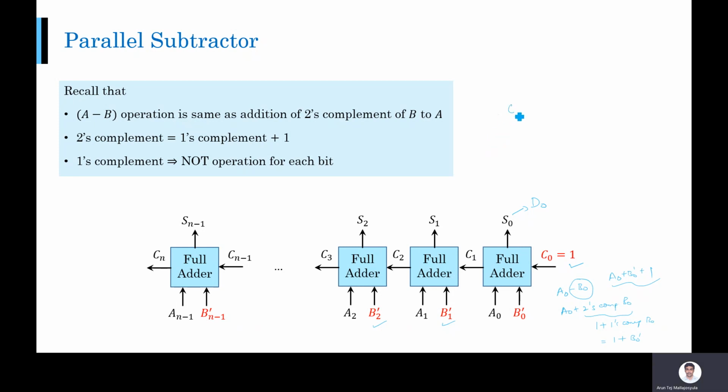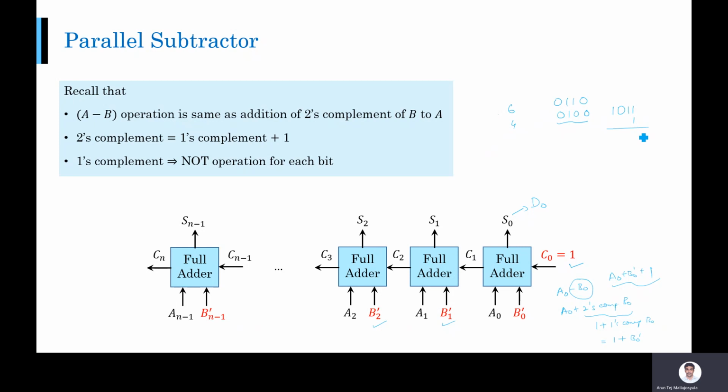Suppose you want to subtract 4 from 6. So what is 6? 0 1 1 0. And what is 4? 0 1 0 0. If you want to do this subtraction, you can take the 2's complement of 4. 2's complement of 4 is what? 1's complement plus 1. So 1's complement is 1 0 1 1 plus 1.